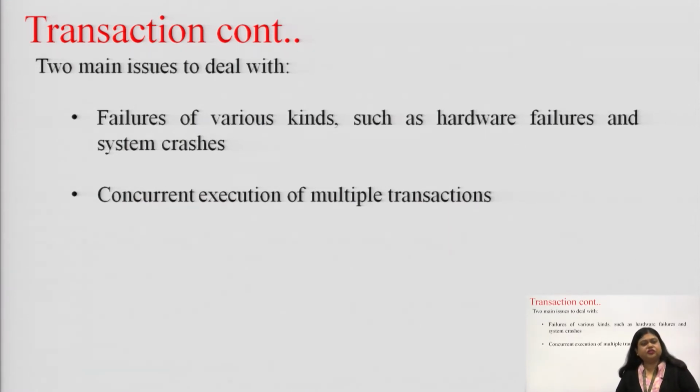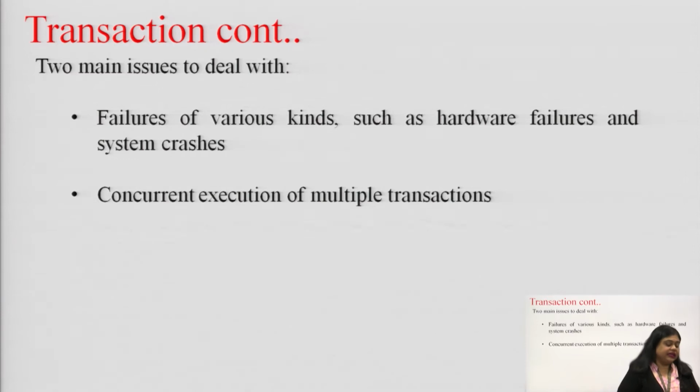What happens whenever such failures take place? If the transaction has completed, meaning all the updates have been made, and after that a failure takes place, then there is nothing to worry about. But if the failure takes place in the middle of the transaction, the database goes into an inconsistent state. That is a problem.